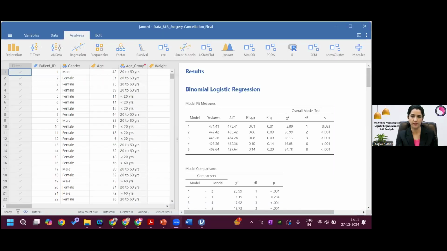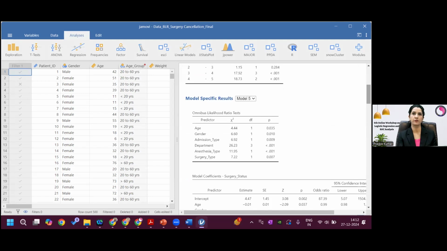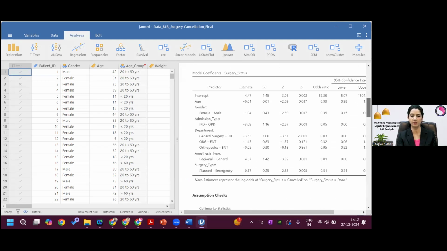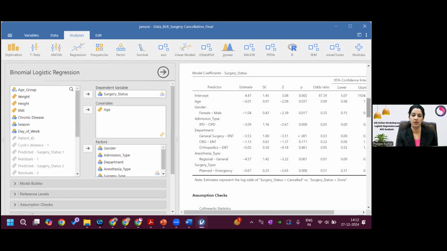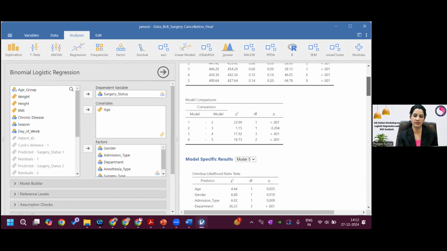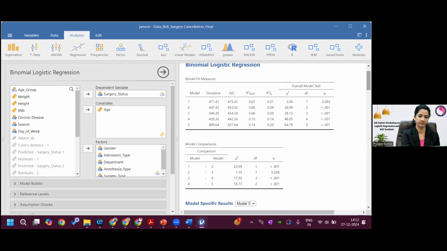Before we go to the breakout room, I'll show a few more things. The first is the interpretation. This was the final model. We showed you the hierarchical model yesterday, where I was entering the variables one by one, and we showed the improvement in AIC, BIC and R square in this table.